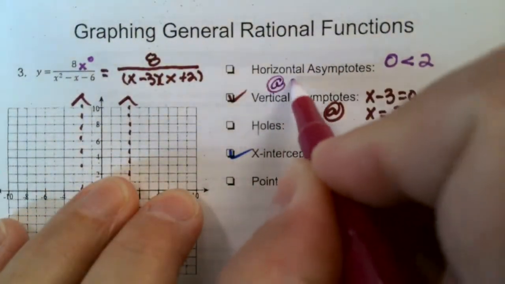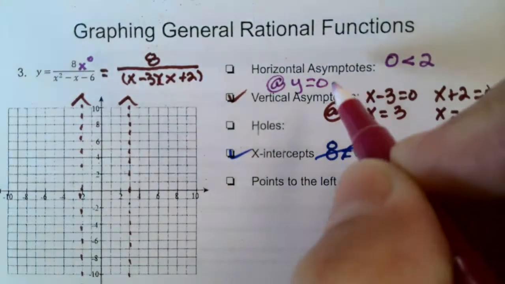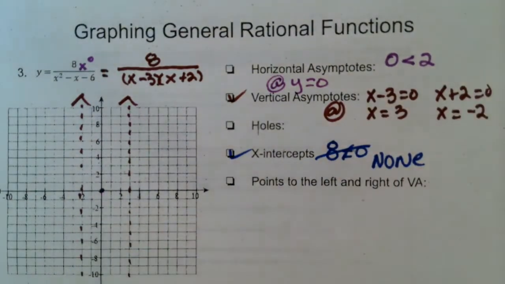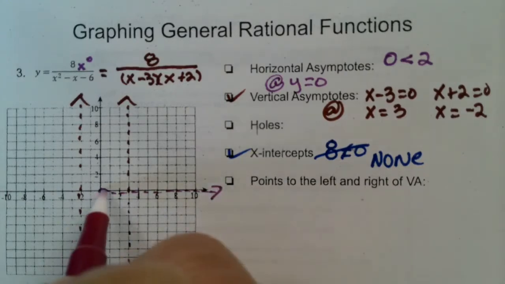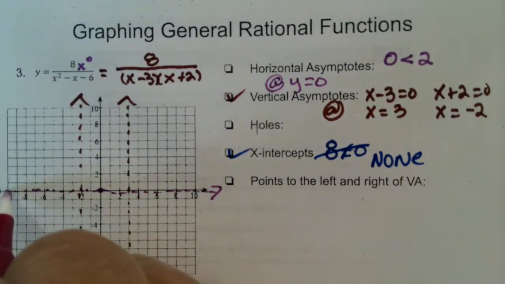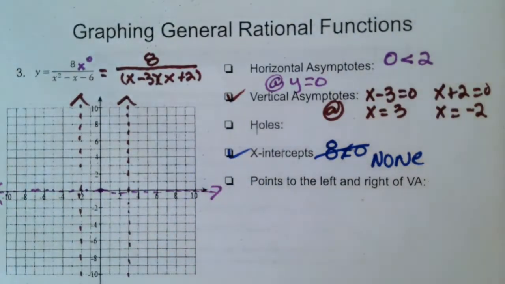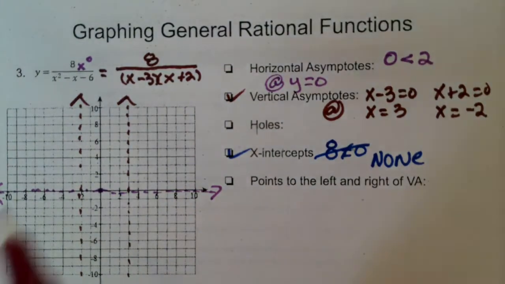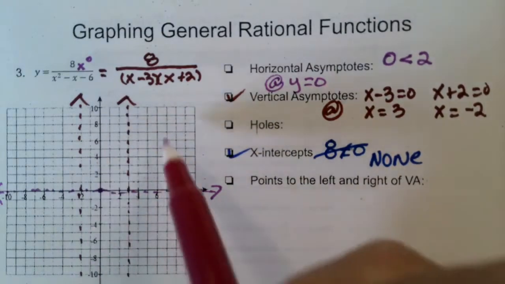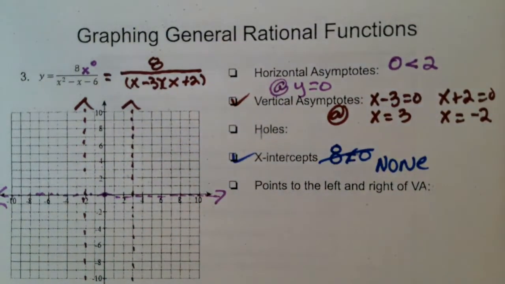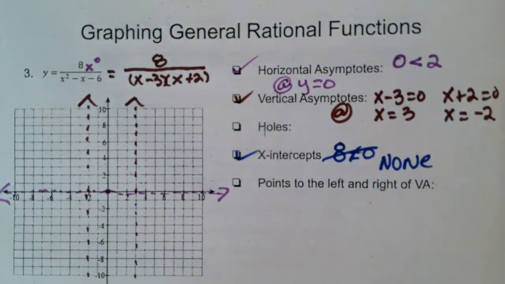So I have a horizontal asymptote at y equals 0. So when y equals 0, that's right here. And so our horizontal asymptote is actually on the x-axis, okay? So we have a graph that's going to be either here or here, here or here, here or here, okay? All right, horizontal asymptote done.